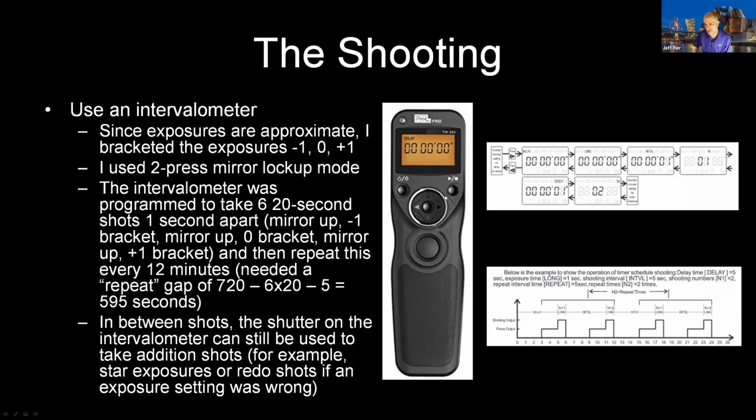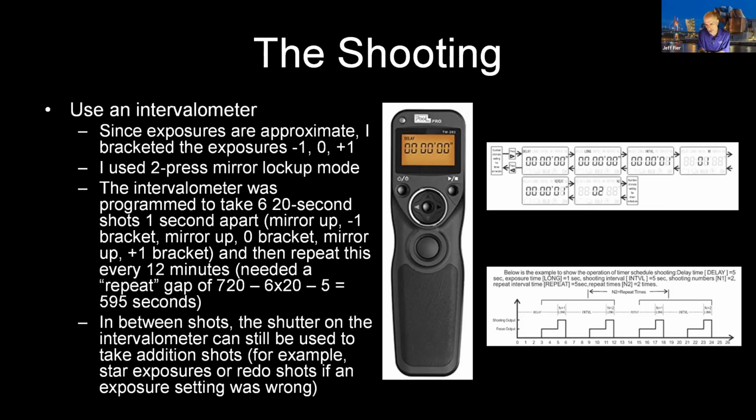And then I'll point out that to run the program in the intervalometer, you press this play stop button. You don't press the shutter button. That gives you the advantage of leaving open the shutter button so that if you need to take other pictures during the time that this whole programming is occurring. So for example, during totality, you take the 6 exposures, the 3 bracketed exposures during totality.